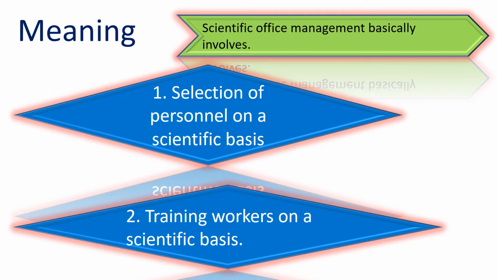Introduction of specializations in the administrative and organization setup. Payment on the basis of what the workers do, not on the basis of the time they put into the job.